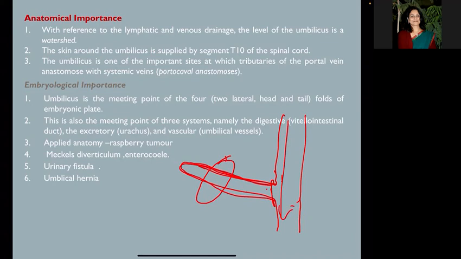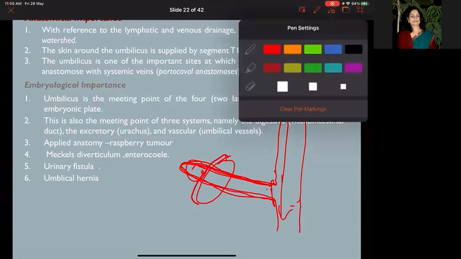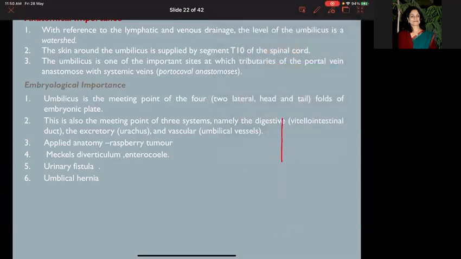But if its upper part is present at the umbilicus, it may form a raspberry tumor.